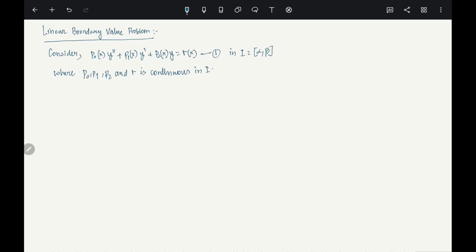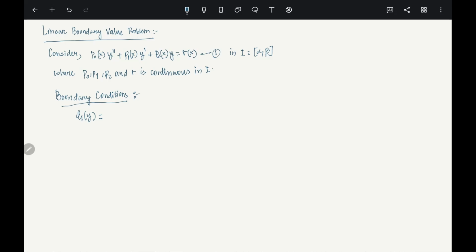Together with equation 1, we are now putting some boundary conditions. So what are those boundary conditions? We denote the first one L1 of y, and we are going to use this notation: L1 of y, L2 of y.